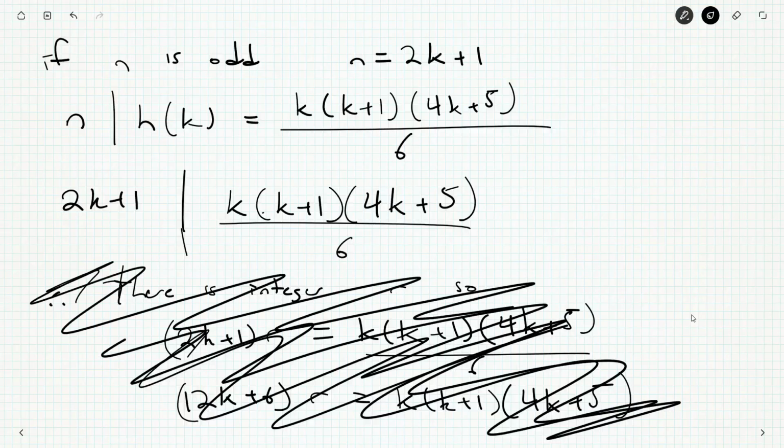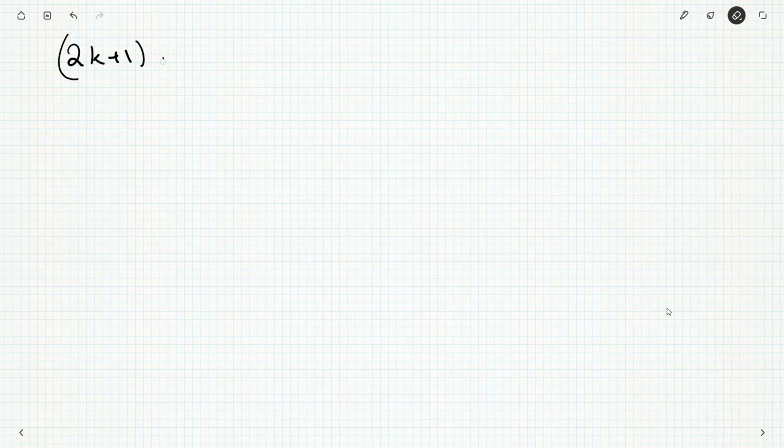So I know that 1 and 3 work. Is this maybe a situation where these are the only ones that do work? 2k plus 1 needs to divide k times k plus 1 times 4k plus 5.